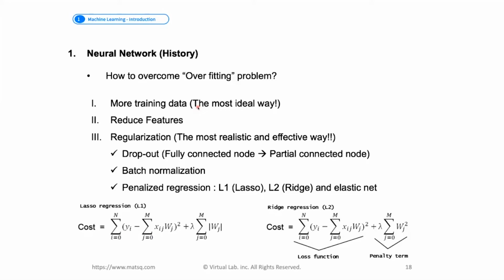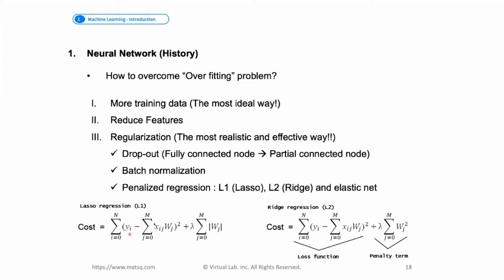I recommend both, but regularization is the most realistic and effective way. There are several regularization methods. First is dropout, which turns fully connected nodes into partially connected nodes. Then batch normalization. And the last, important one is penalized regression, which includes Lasso, Ridge, and Elastic Net regression.